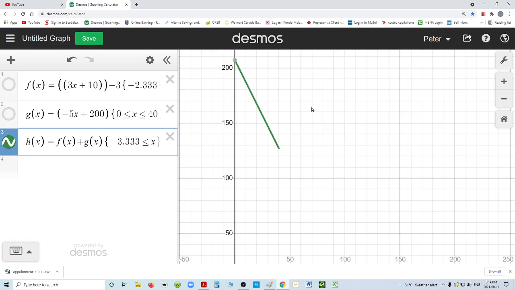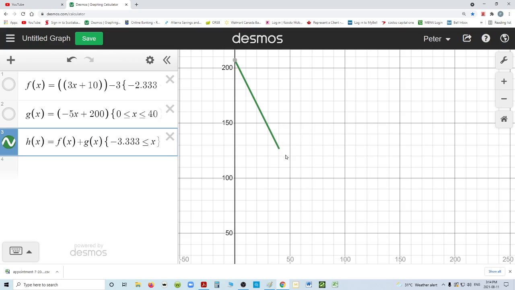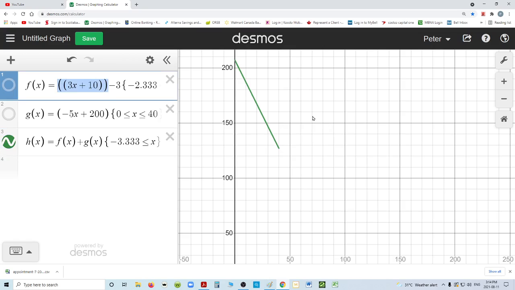So from this point on, you should also add a function showing the cold drinks, because we're dismissing the hot drinks. But the problem is when you add functions, it's only going to include the smallest range. So it's stopping at 40, and it's not showing what happens. Essentially, you'll see this same line bounce back onward.